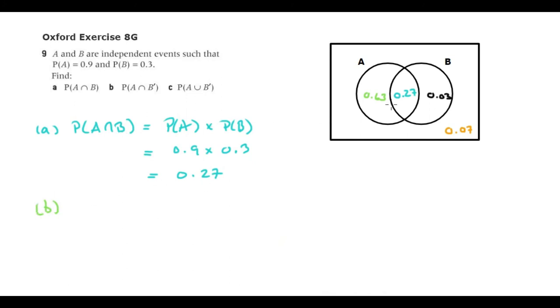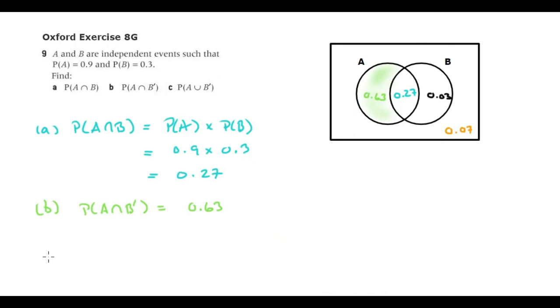The probability of A, but not B, of course, will restrict us to this section of our Venn, the so-called A only section of our Venn diagram. So that probability, and I guess we could quickly write it out, probability of A and not B, staying in the A circle but avoiding the intersection, of course, is 0.63. And your work and your evidence could simply be the Venn displayed off to the right here.